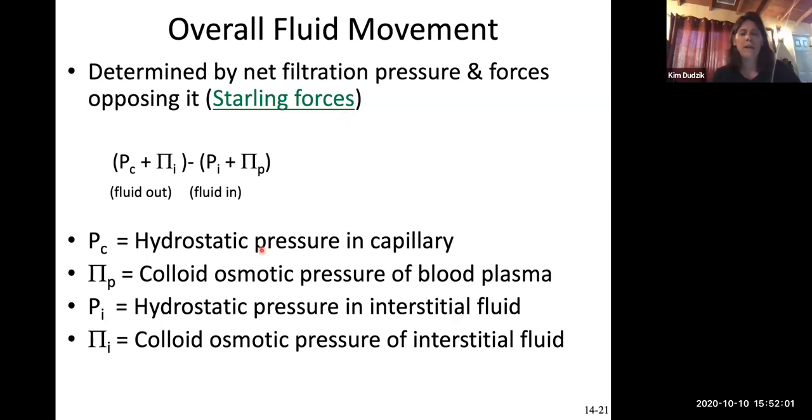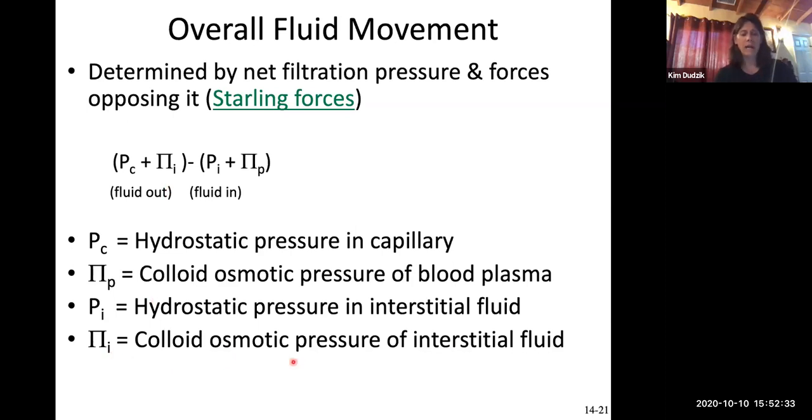Starling forces. Okay, so now we're going to add some numbers onto this so that we can understand why fluid wants to move out or in. So here, again, this also helps you. The hydrostatic pressure of the capillary, we said, pushes against the walls of the capillary and wants to move out. So P sub C is a pressure that is influencing things to move out of the capillary. Then there is the colloid osmotic pressure of the interstitial fluid, right?